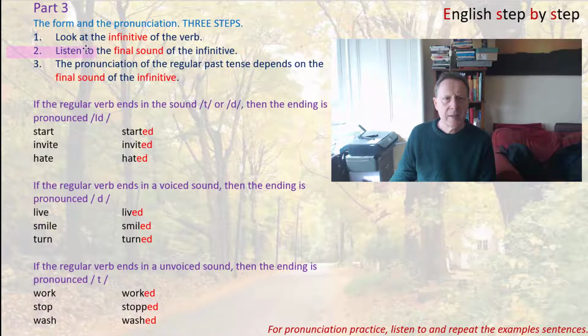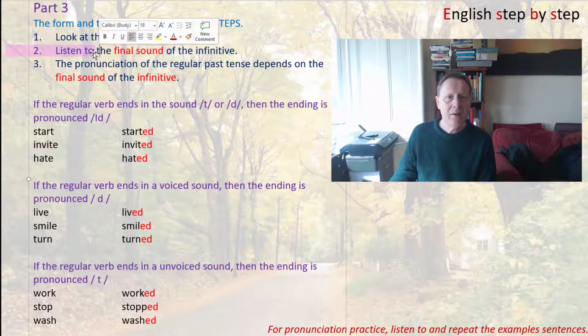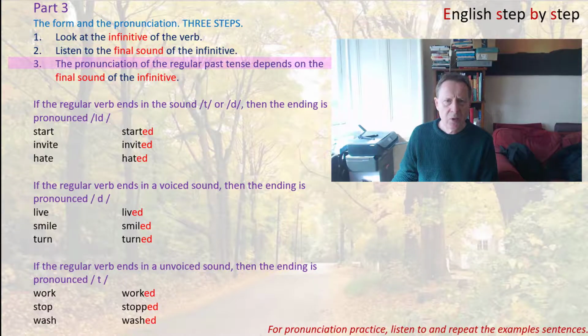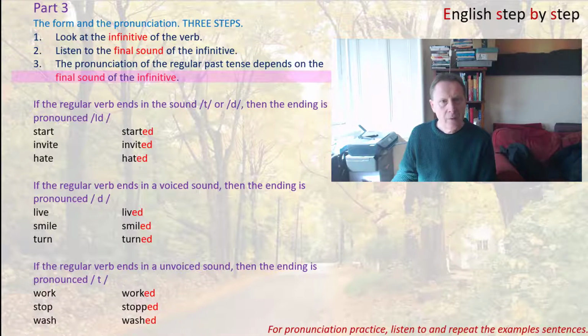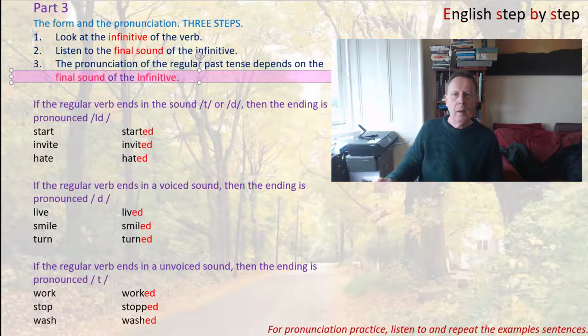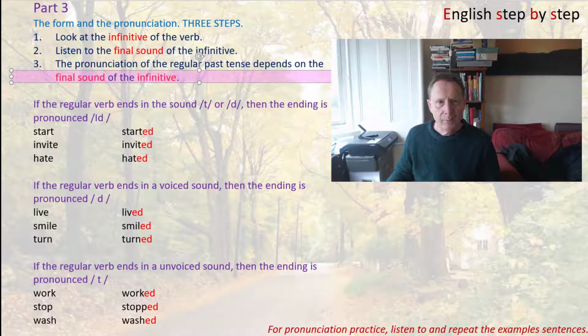Alright, so that's the second step. Listen to the final sound of the infinitive, and then the pronunciation of the regular past tense depends on the final sound of the infinitive. So this will become automatic when you're learning more and when you've learned the basics, but first maybe it's a good idea to think about it.